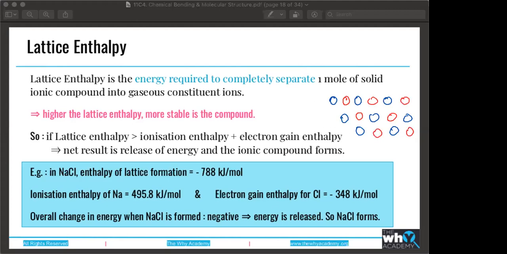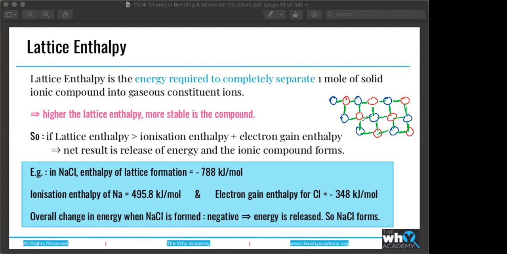Now you have electrostatic forces of attraction between them. So if you have to break this crystal apart, if you have to separate all of them out, you need to act against this force. Imagine you're pulling two attracted magnets away from each other. You have to put in some amount of force, meaning you're spending energy to do that.